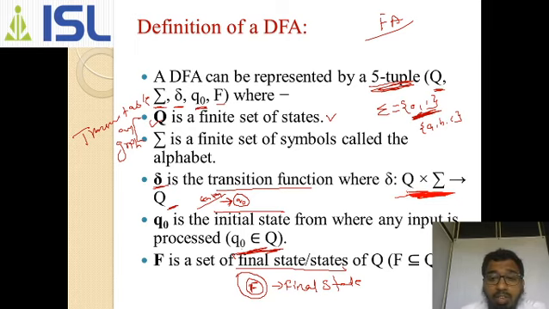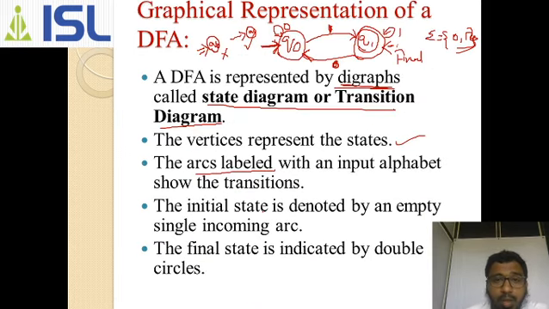Remember this, because in NFA the formula will be different. Q0 is the initial state from where any input is processed. Q0 belongs to Q. The final state is represented as a double circle, and the initial state is represented in this format. Okay, and this is a state diagram or transition diagram.